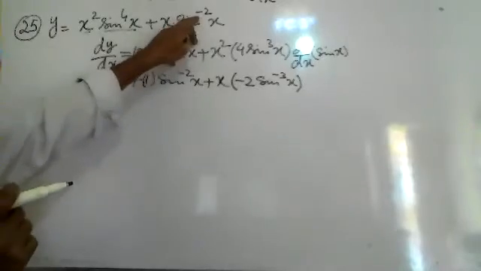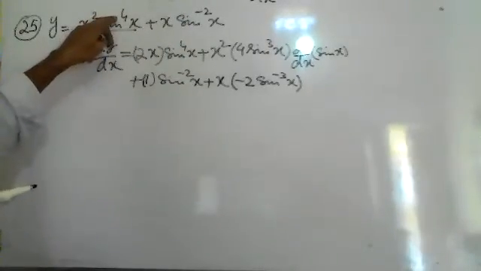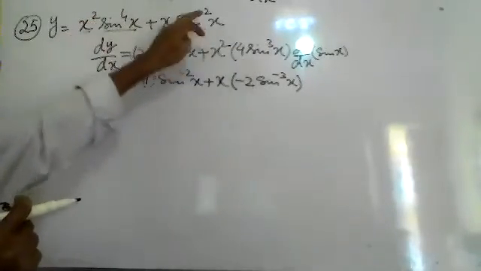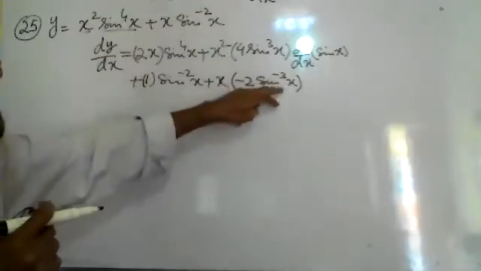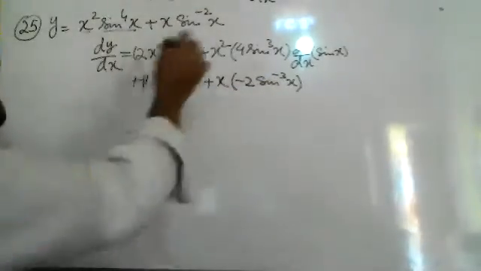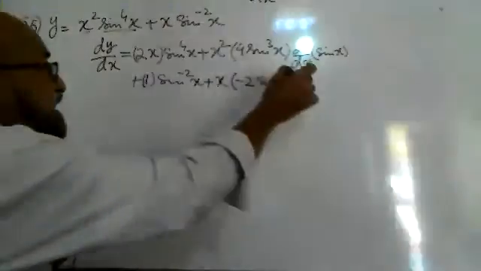One power will be subtracted. Here also we subtracted one power. It will become 3. Minus 2 minus 1 will become minus 3 into derivative of what is inside the power, that is sine x.